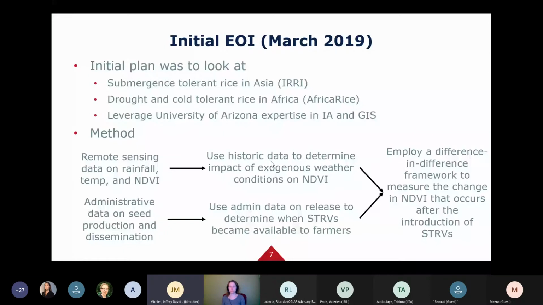So the rollout of STRVs happens at different places at different times and with different levels of intensity. And so that gives us variation in our treatment, which is, might you be growing STRVs? And so we can use difference-in-difference and the existence of this long baseline prior to introduction and measure impact at scale.